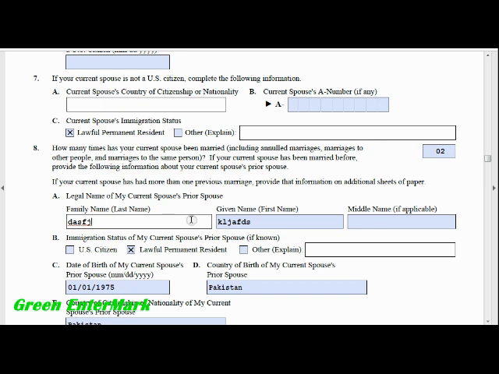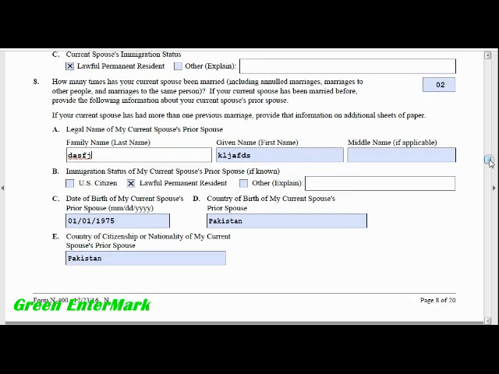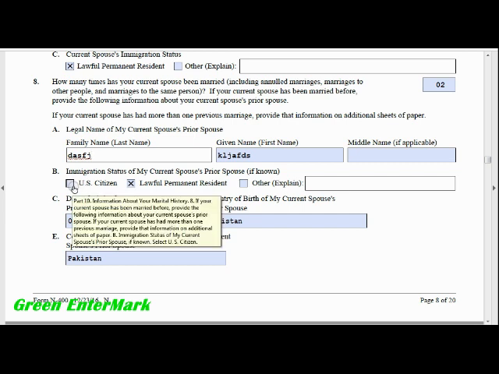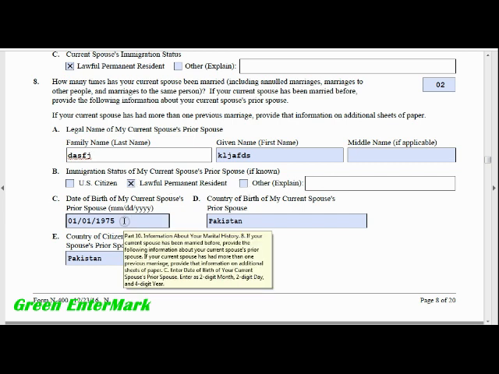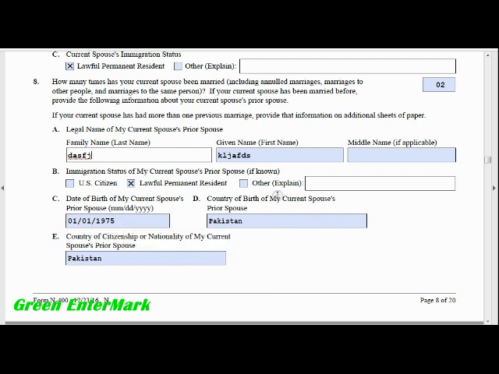Okay, the prior spouse's name, last name, first name, middle name, and immigration status of the prior spouse, citizen or lawful permanent resident or other, explain it, and the date of birth of the ex-spouse of your spouse, country of birth of the ex-spouse of your spouse.